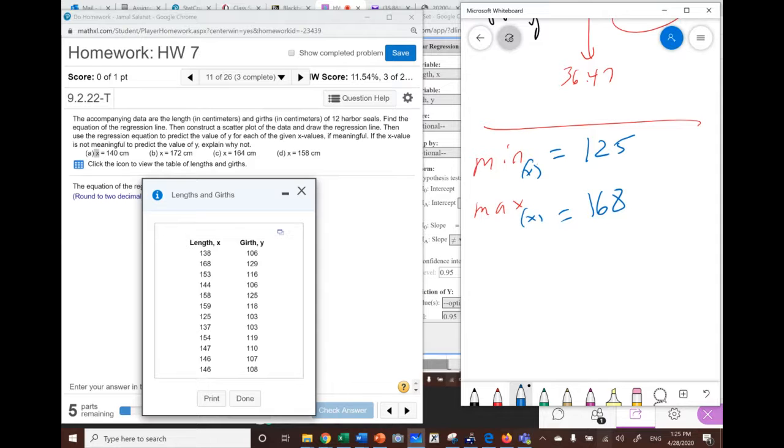They're asking me to predict 140, 172, 164, and 158. We can predict 140 because it is between 125 and 168. 172 cannot be predicted because it's above 168, outside the range. 164 can be predicted because it's between 125 and 168, and 158 also can be predicted.